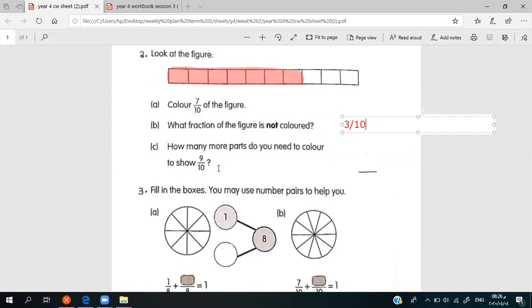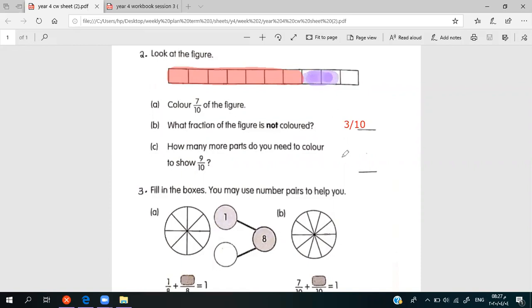Now number C. How many more parts do you need to color to show 9 over 10? Well, I already colored 7. How many more parts do I need to color to be 9 from the 10? Here, 1, 2. I need to color 2 more parts so it becomes 9 of the 10.